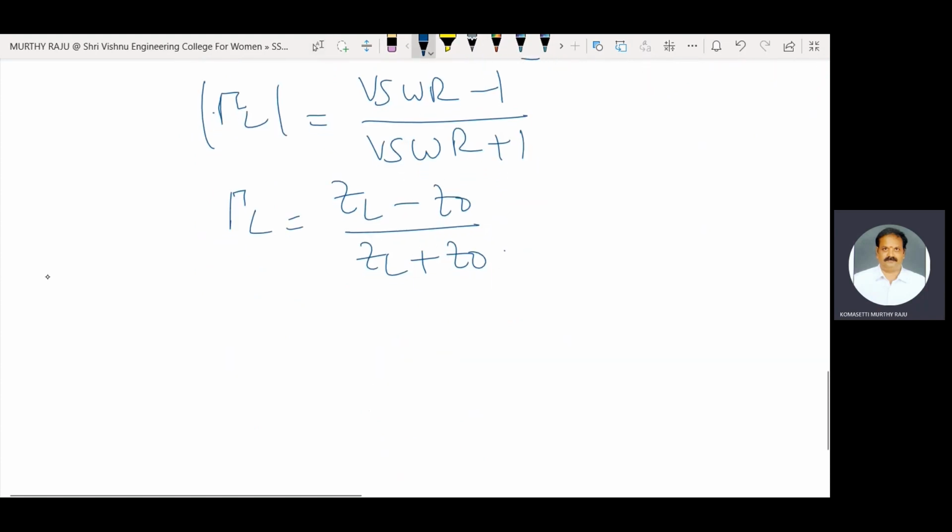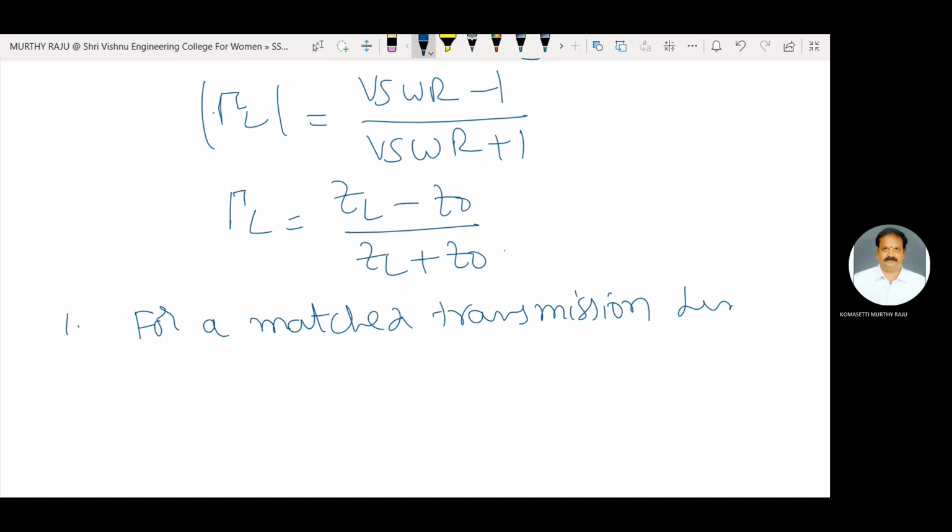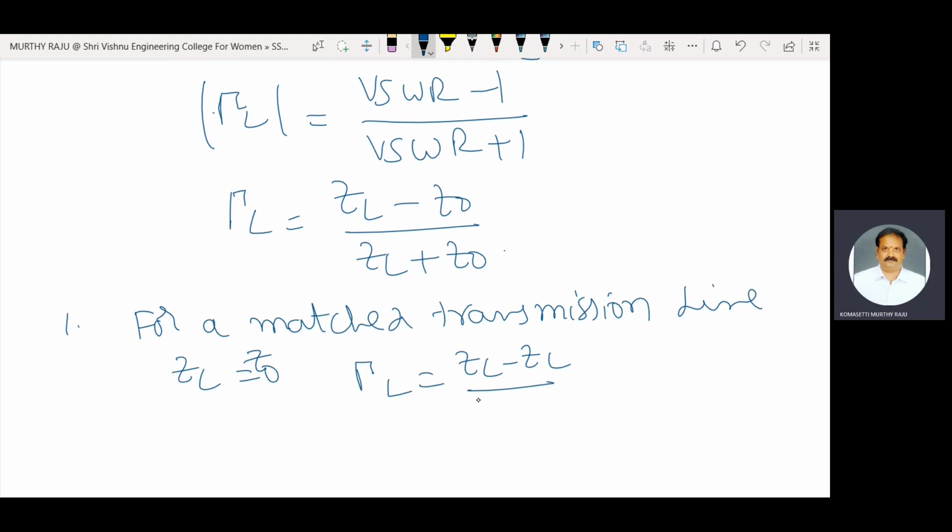For a matched transmission line, ZL is equal to Z0. Therefore, tau L is equal to ZL minus ZL by ZL plus ZL, that is 0 by 2ZL, which is equal to 0.